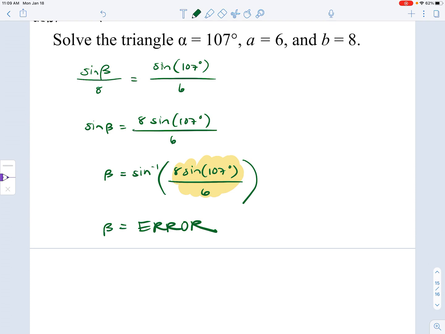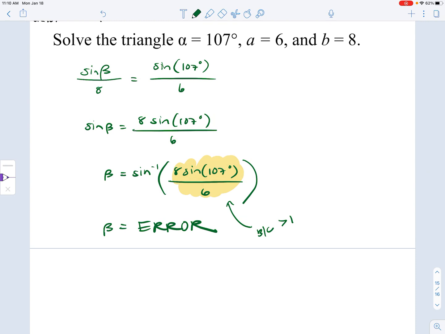And that's because this ratio is greater than 1. If you think about the unit circle, the largest value of sine is 1, and the smallest value is -1.